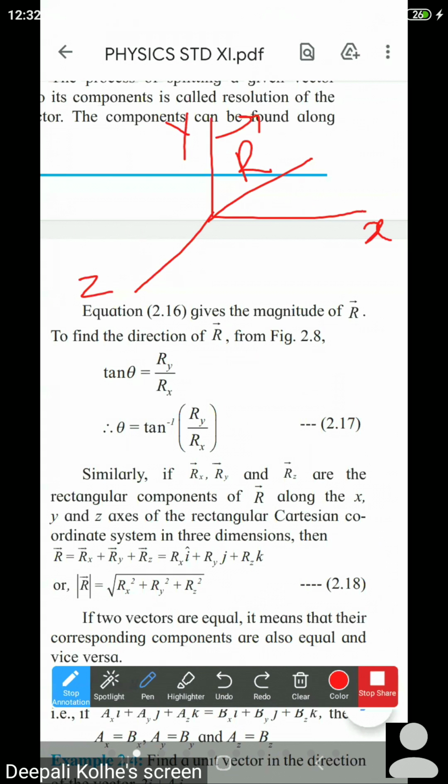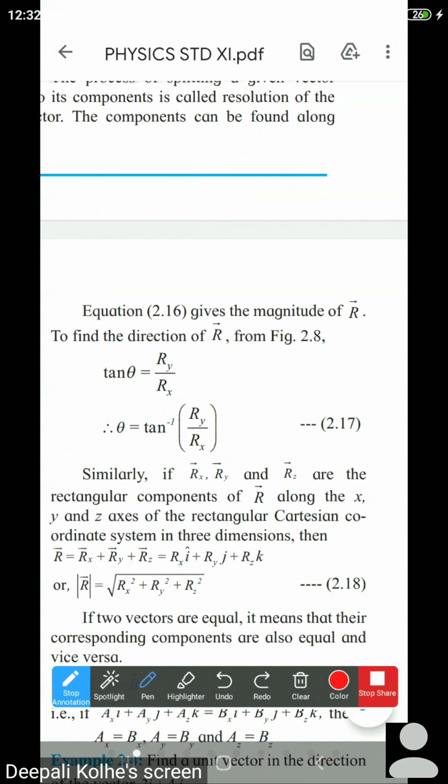तो अगर यहाँ पर ऐसा वेक्टर आर बार दिया है तो वो वेक्टर हम कैसे लिखेंगे? See, we can write this vector in terms of Rx, Ry and Rz. Rx bar plus Ry bar plus Rz bar. It is equal to Rx i cap plus Ry j cap plus Rz k cap. ठीक है?